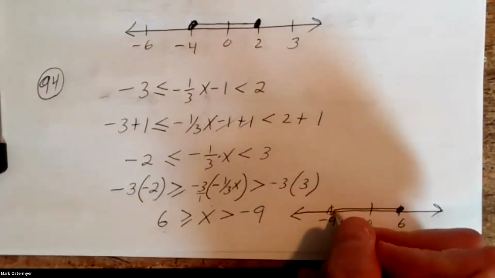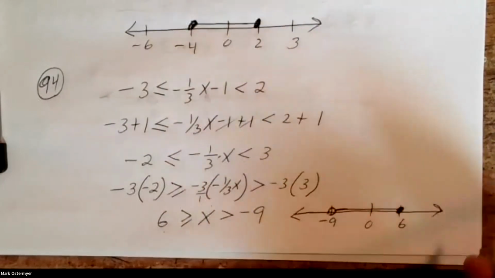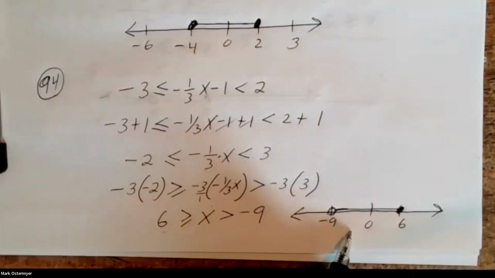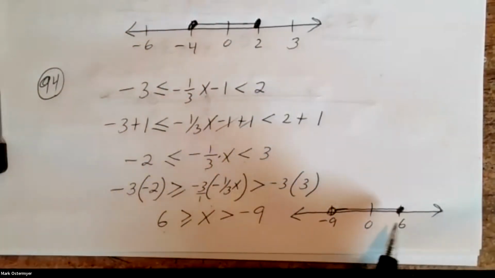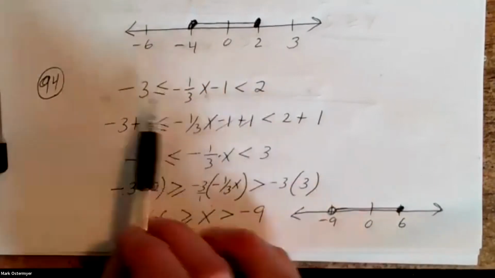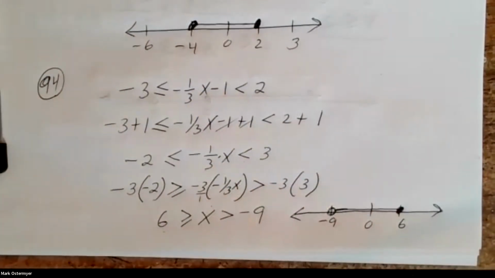So we have an open circle on -9, and that's it. Ladies and gentlemen, you are looking at the solution set to this compound and inequality. Any number that lies between -9 and 6, including 6, but not including -9, would be a solution to that inequality.